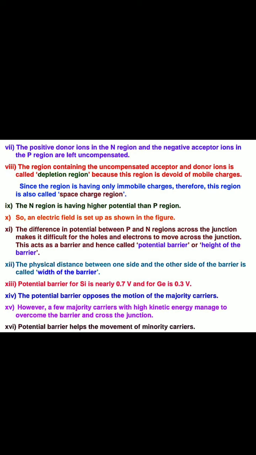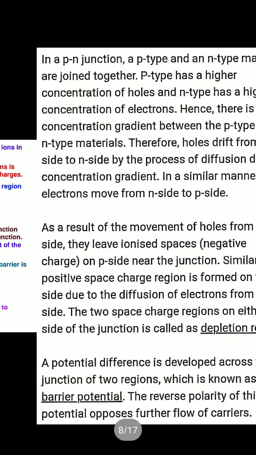The minority carriers, positive ones inside the N region and negative ones inside the P region, are easily swept across the depletion region and move through the junction.